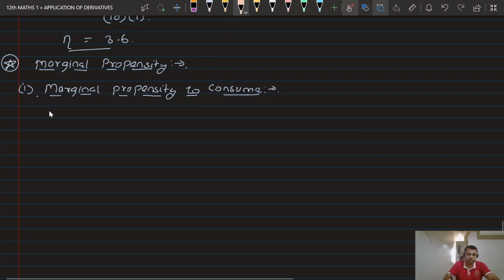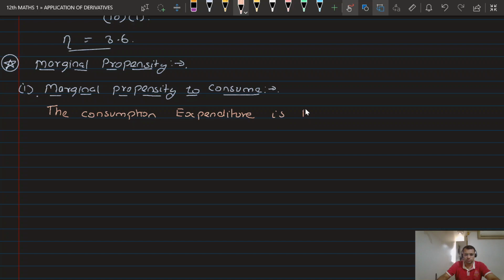If I assume that the consumption expenditure, EC, E represents expenditure, C represents consumption, so EC represents consumption expenditure of a person depends on his income, and let us assume that the income is X.